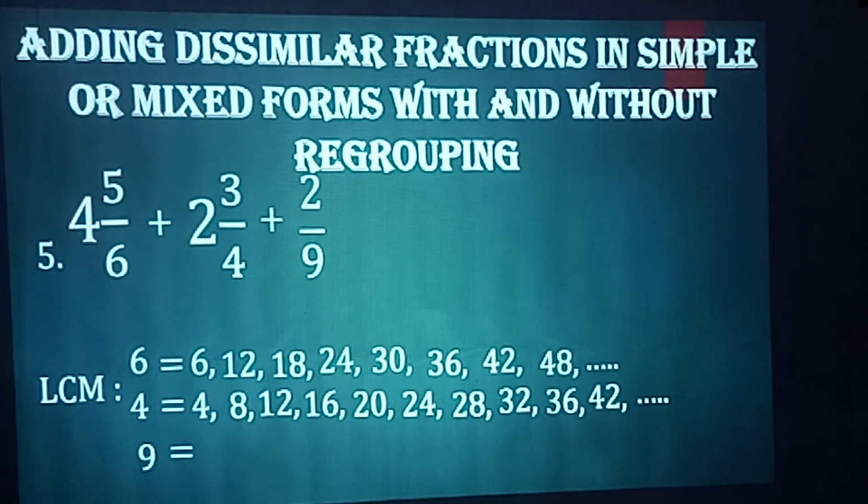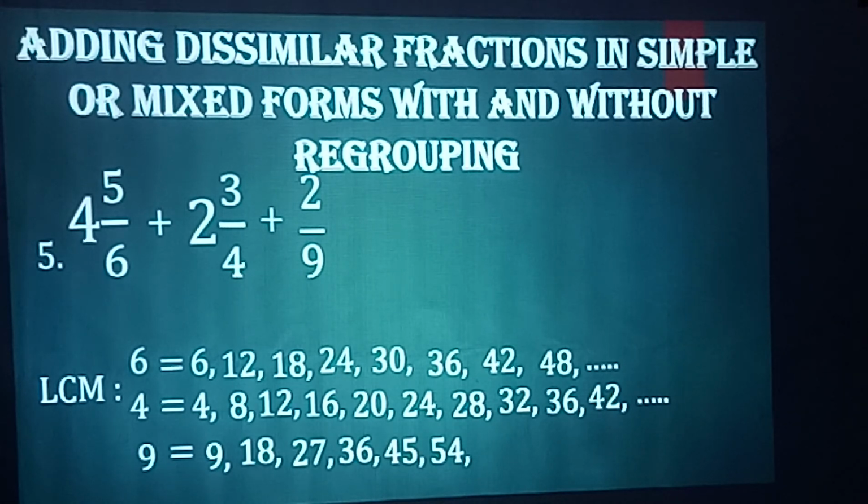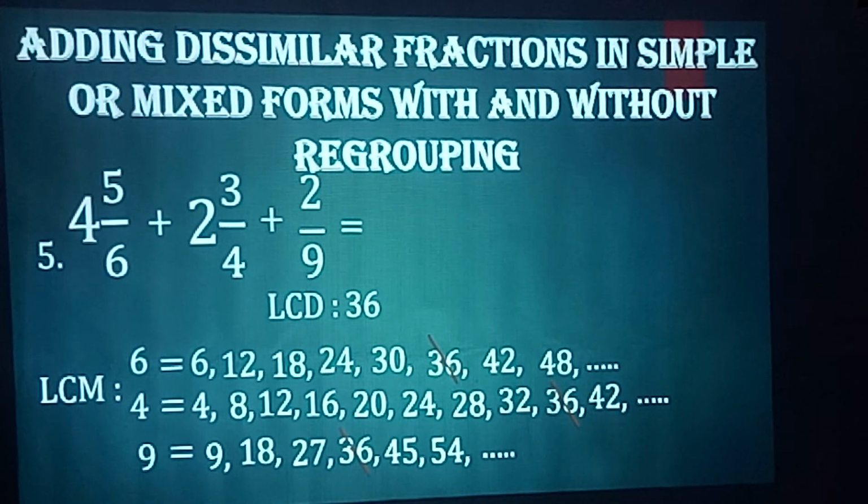And for the 9, so 9, 18, 27, 36, 45, 54, and so on. Now, the least common multiple of 6, 4, and 9 is 36. Therefore, the least common denominator is 36.